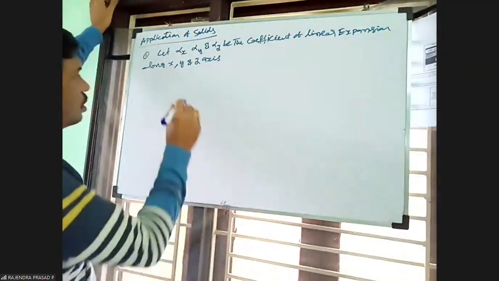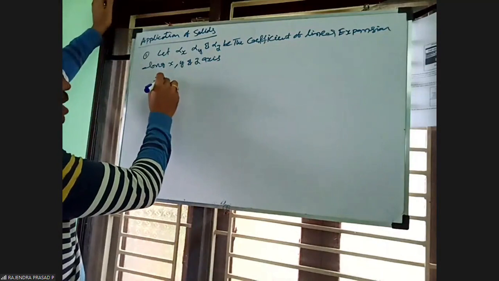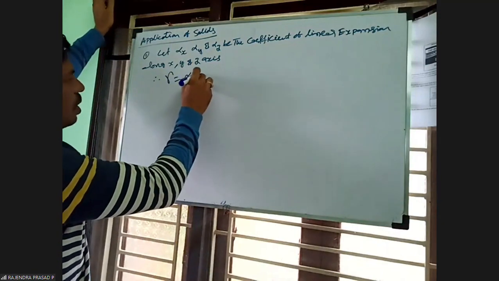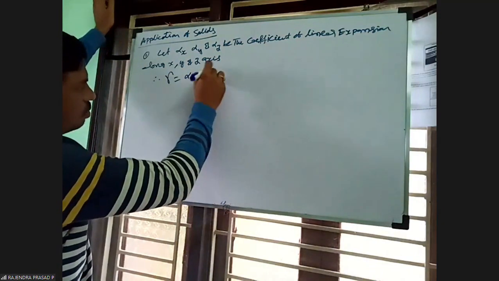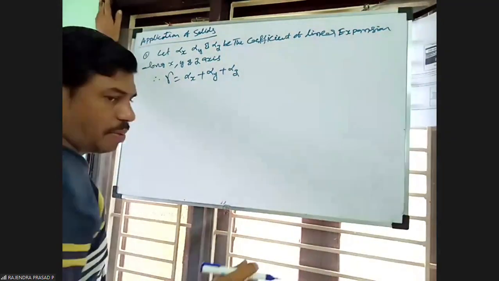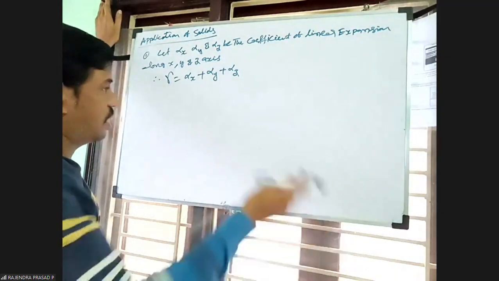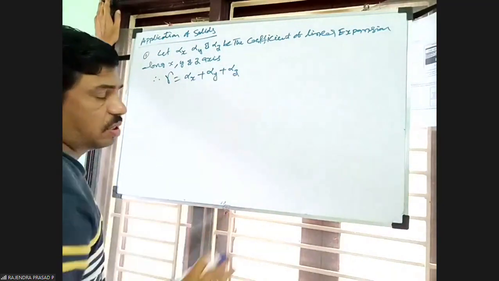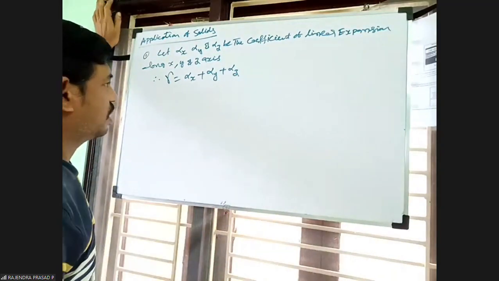Then gamma is equal to alpha x plus alpha y plus alpha z. Gamma means cubical expansion: this is the length, this is the breadth, this is the height.